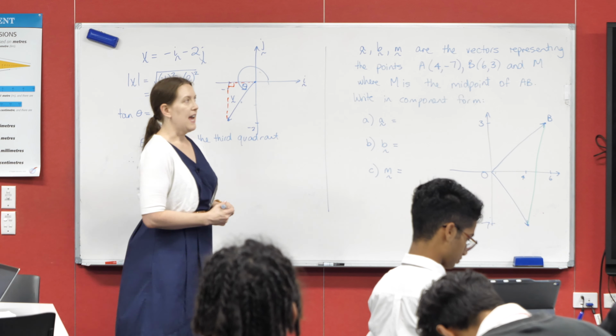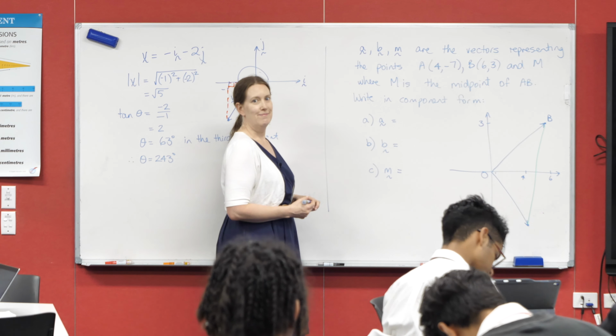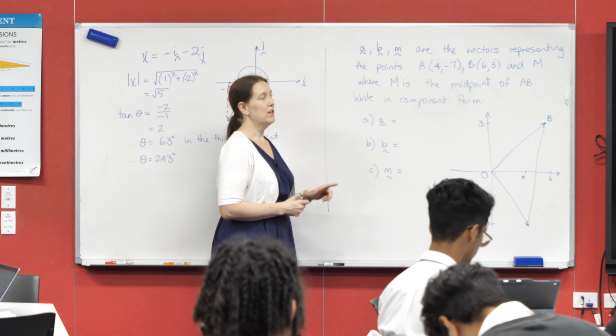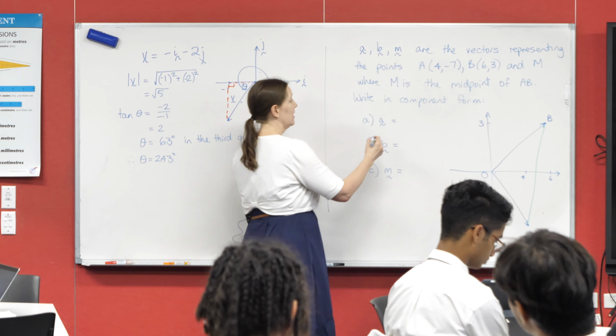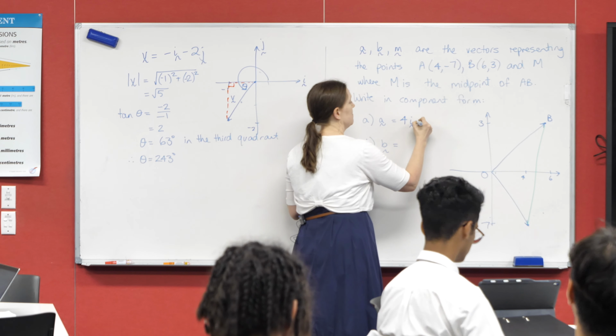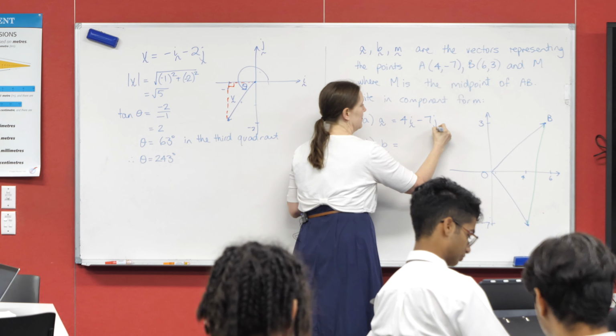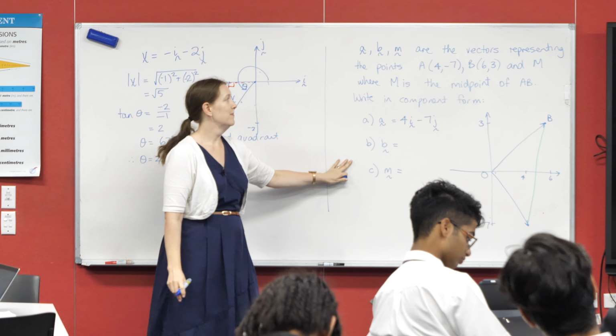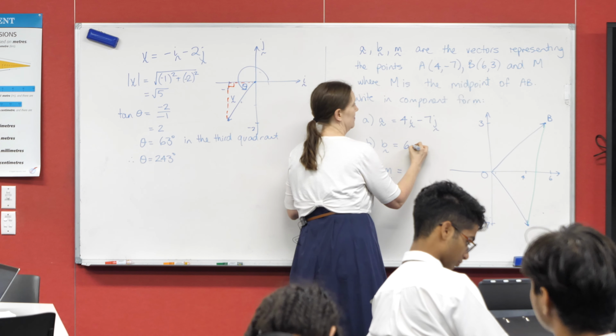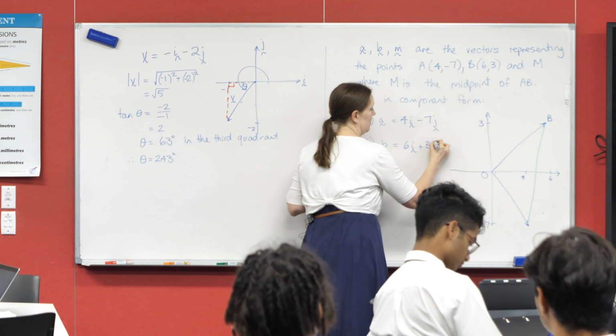Who can give me A? You should be able to almost read it off. It's 4i minus 7j. Nice. That's it. Do you want to give me B? 6i plus 3j.